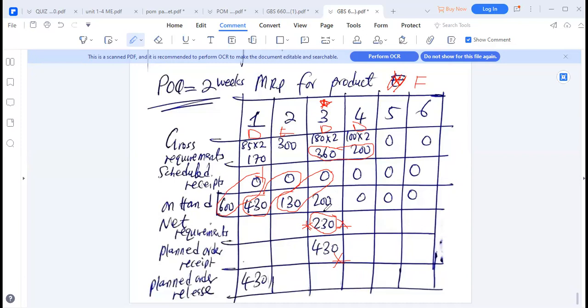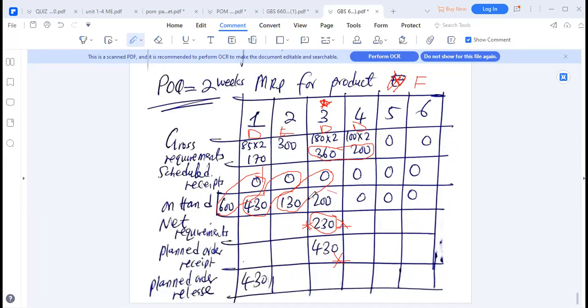So what should we do? Already we have 130, so order for the 2 periods, but we're supposed to subtract the available stock of 130. So we are going to have a planned receipt of 430 units. We remain with on hand of 200 units.